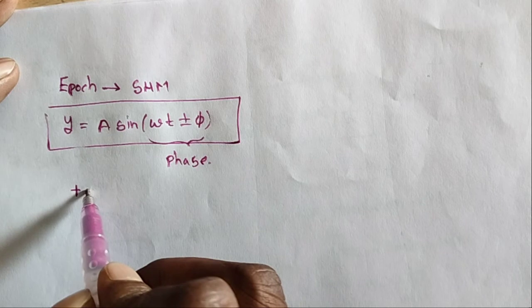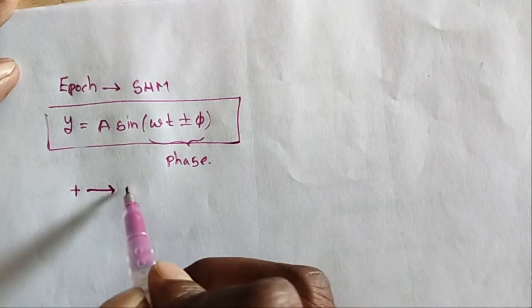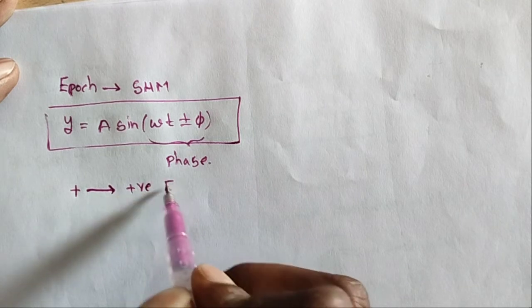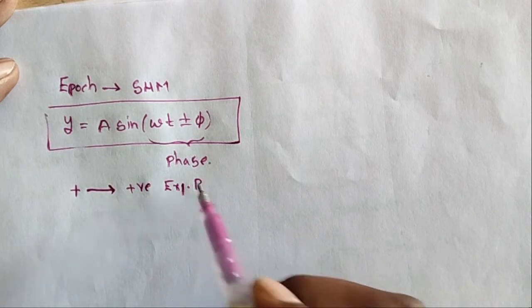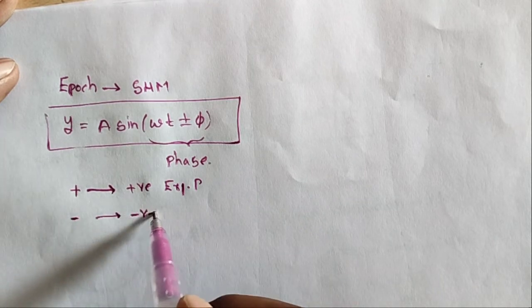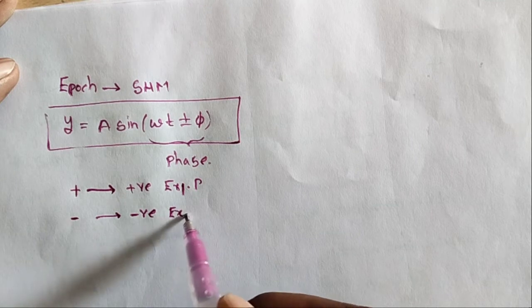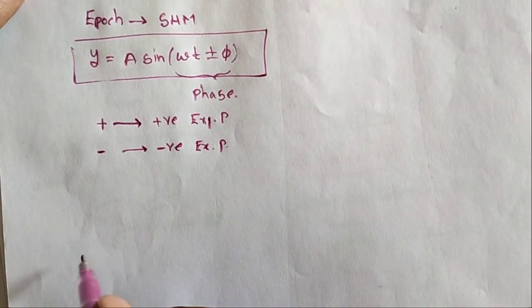The plus sign indicates that the initial position of the particle is moving toward the positive extreme position, and the negative sign indicates that the particle is moving toward the negative extreme position. Suppose I take a very good example here.